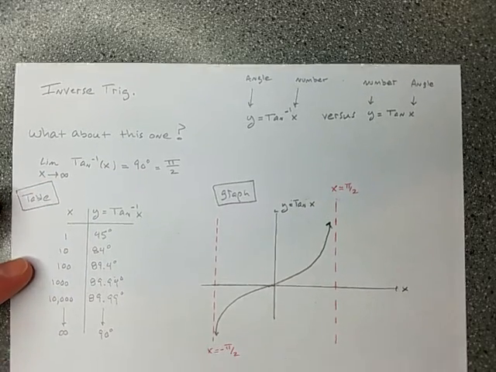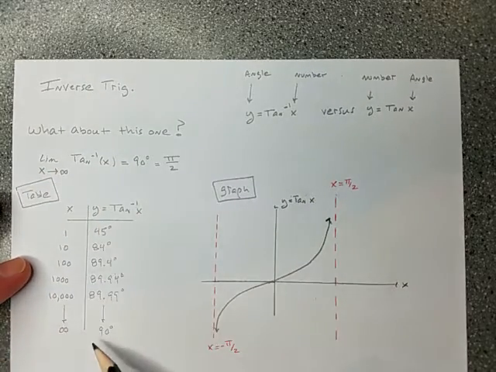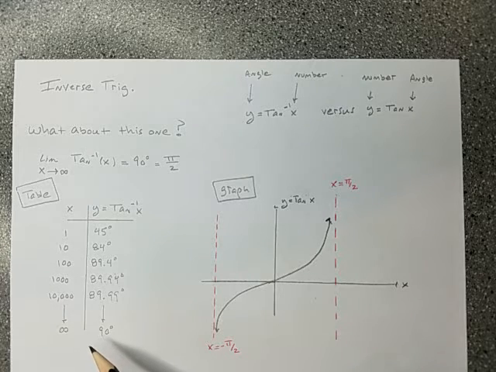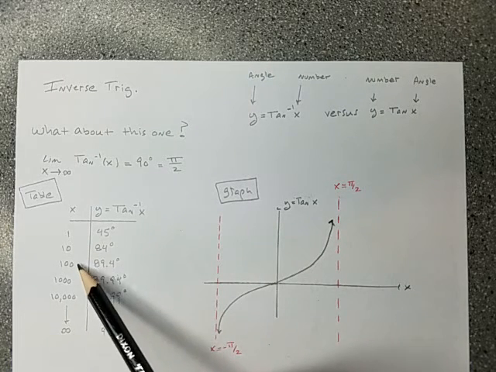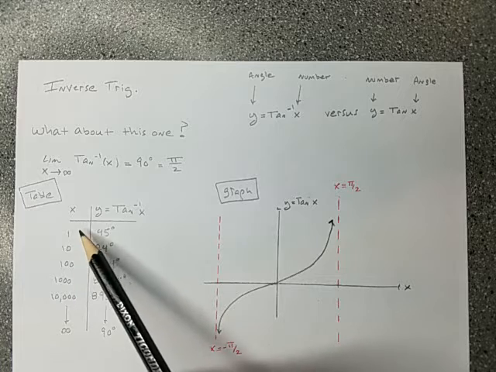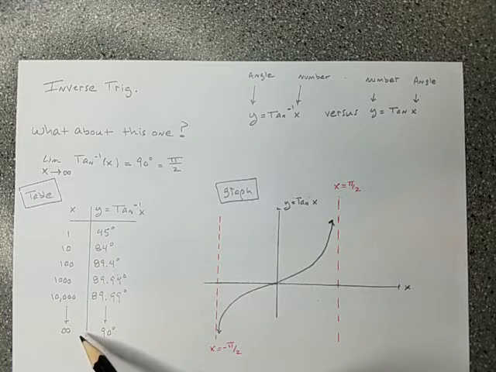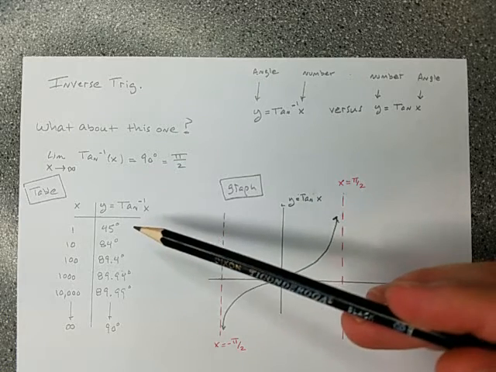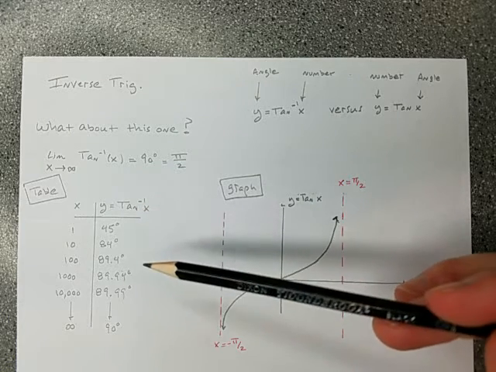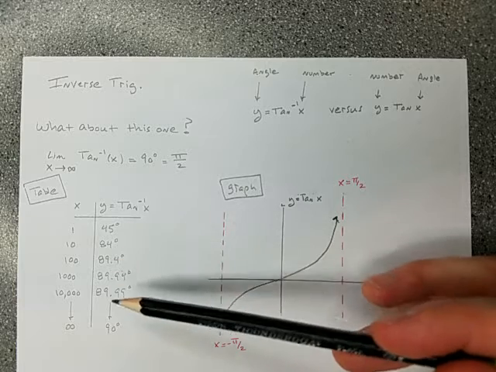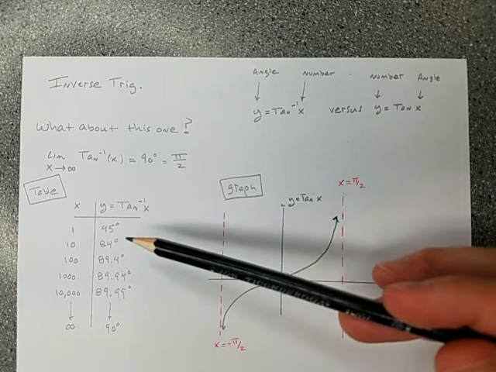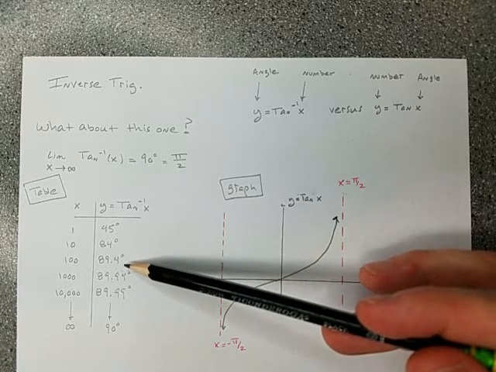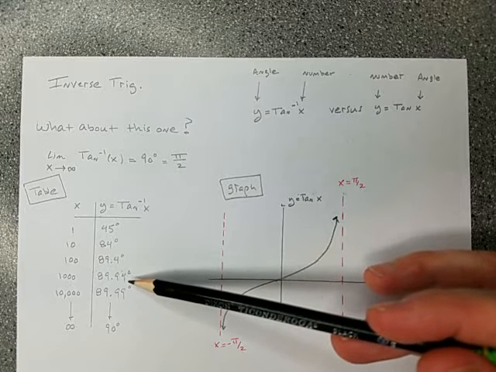Okay, so at first I wanted to show you a table. Like I said, that could be a useful tool. What does it look like if x goes to infinity? It could look something like this: 1, 10, 100, 1,000, 10,000. X going to infinity looks something like that. And I did some calculations, tangent inverse of the x. I put my calculator in degrees when I did this. 45 degrees, 84 degrees, 89.4 degrees, 89.94 degrees.